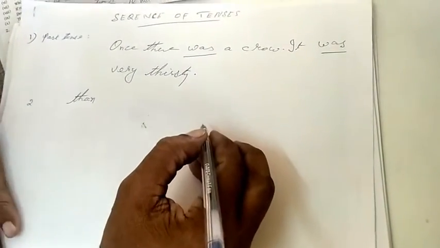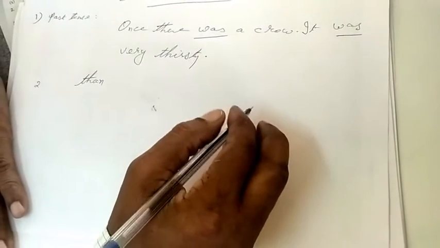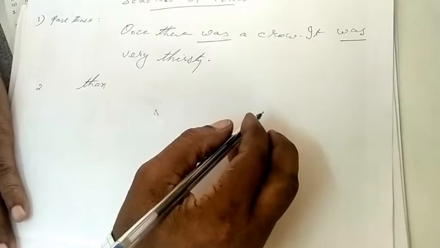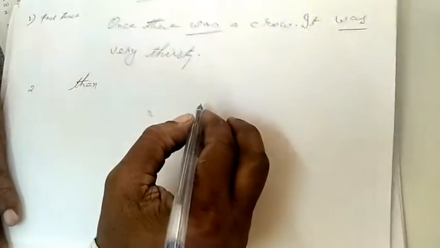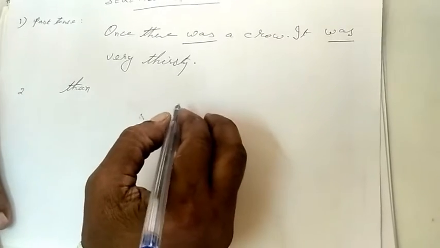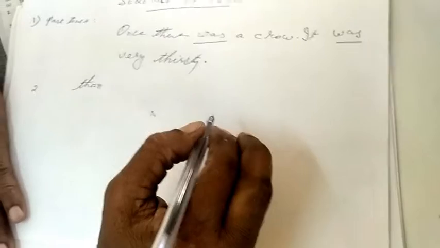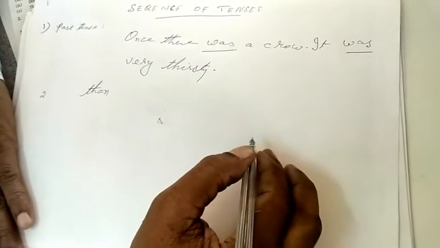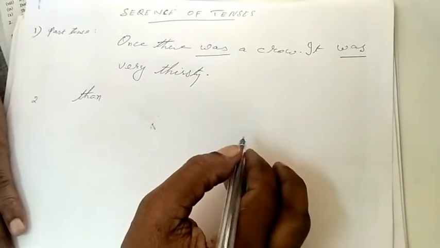When you connect it with than, it is a comparison. It is okay, you are comparing with the past activity, but what you compare with the past need not necessarily be past. It can be in present or future also.